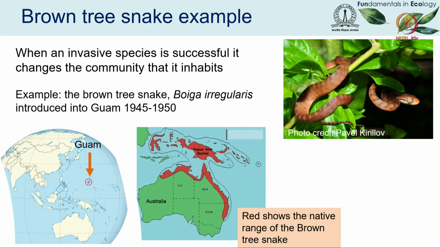So the brown tree snake is a species of snake that is native in the southern hemisphere in the tropical areas, and was then introduced onto the island of Guam. So here the red shows the tropical areas where it's native, and then Guam is a small island that's outside of that area. And so this snake invaded Guam in 1944 and 1945.